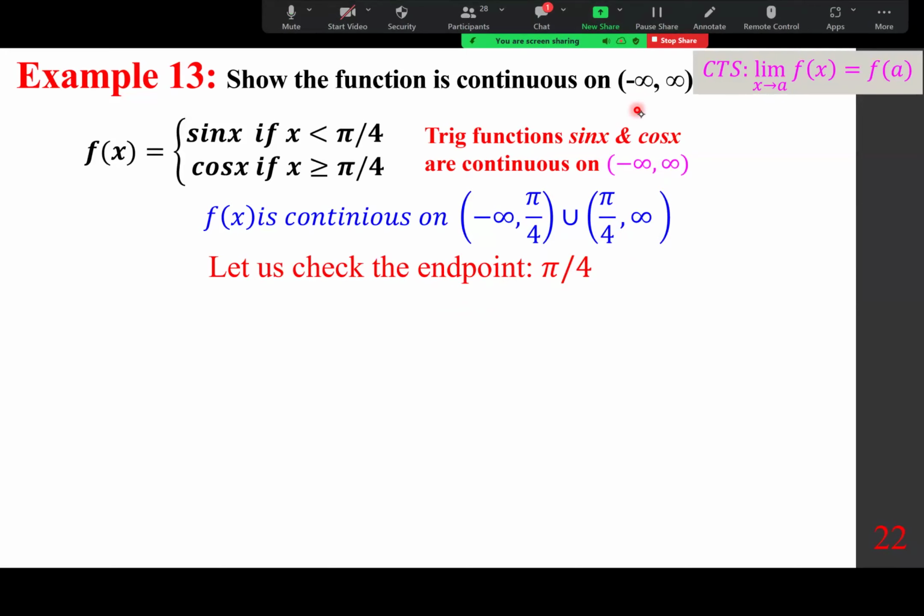So we are going to find the limit of this function as x approaches pi over 4 from the left. That means we use the top function. Limit of f of x as x approaches pi over 4 from the left. So you plug in pi over 4 for sine. As you know, sine of pi over 4 is square root of 2 over 2.